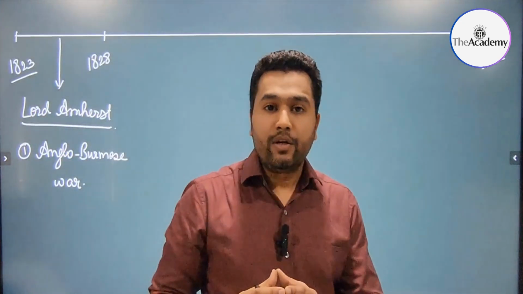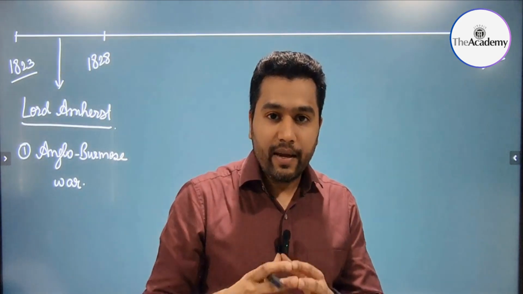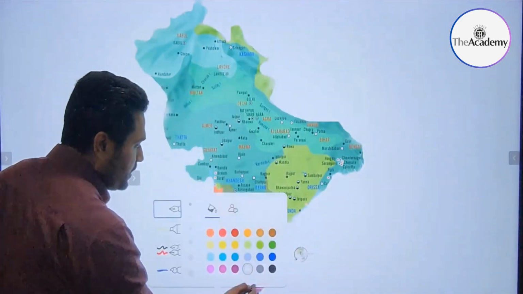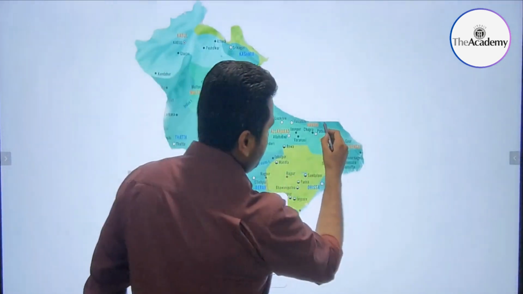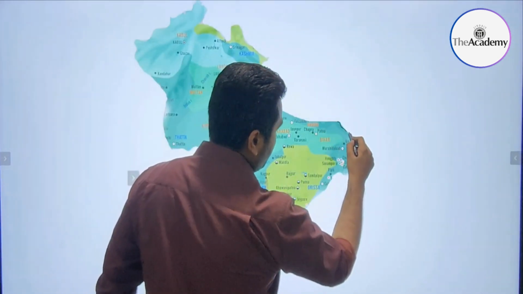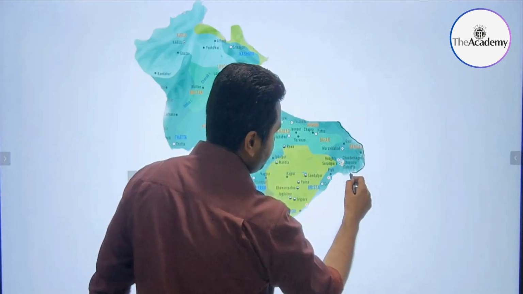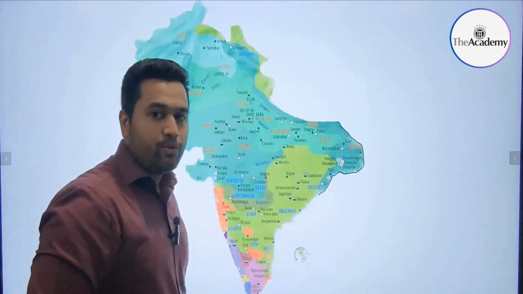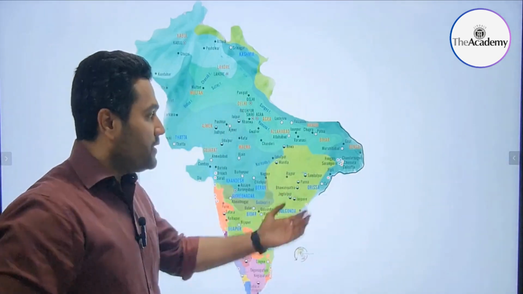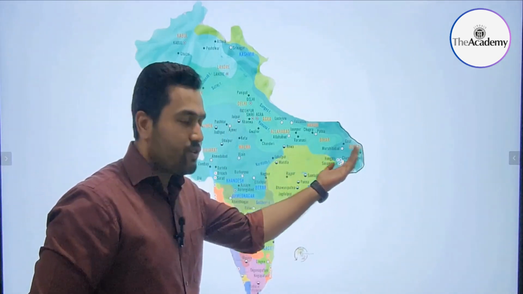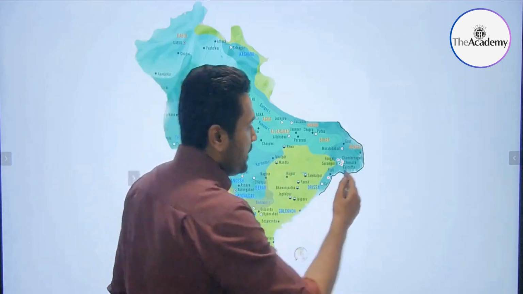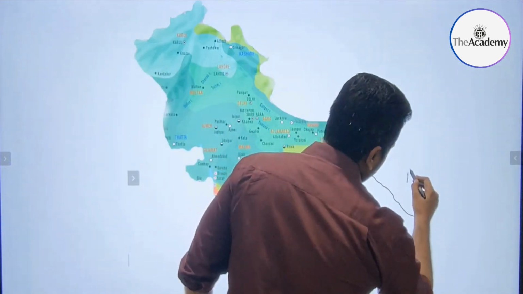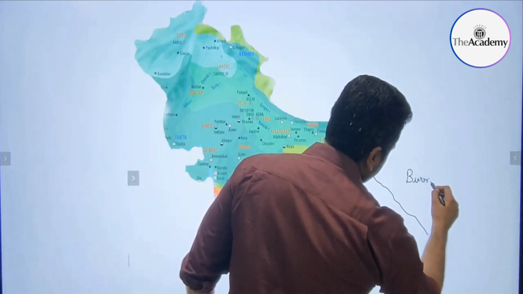Let us understand what is the genesis and basis to this Anglo-Burmese War. We have seen that the British rule came to have an eastern frontier. While the Britishers were subjugating and conquering the entire region west of Bengal, in the east there was the Burmese Empire.